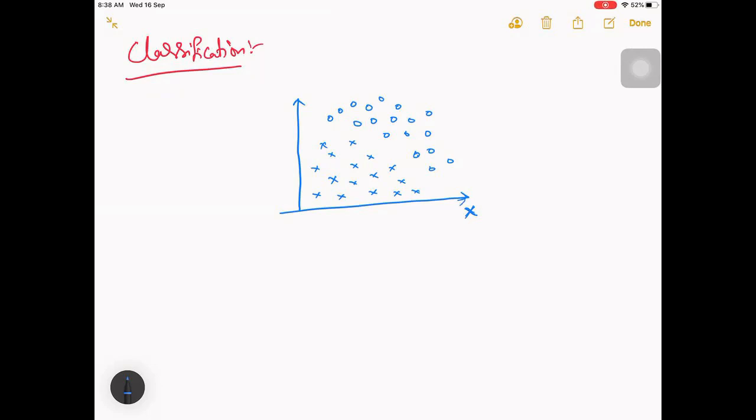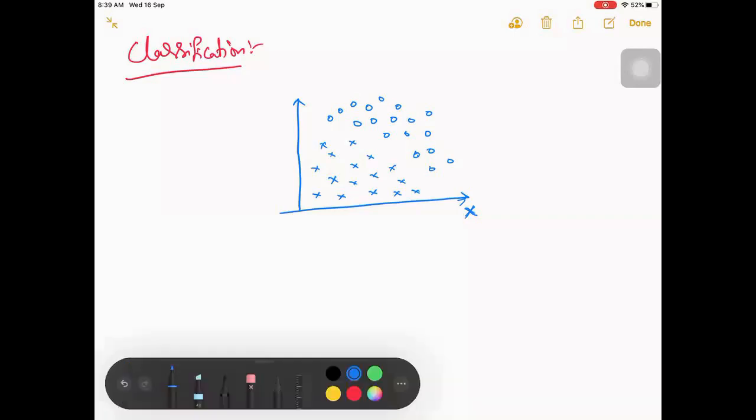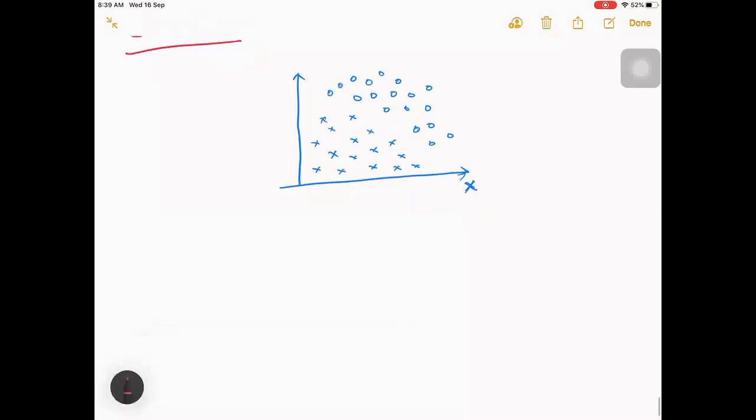We have plotted these things, with crosses representing people who are not having any cancer, and zeros representing people who are affected with cancer. So for them, you can see these two can be separated, right? By using some kind of a line here or something.